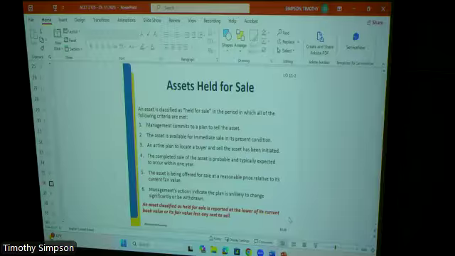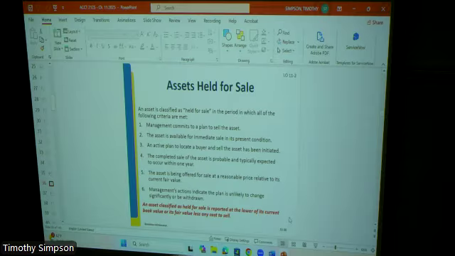So an asset classified as held for sale is reported at the lower of the current book value or the fair market value less any cost to sell. This kind of goes back to something you may have come across in previous accounting courses, called the lower of cost or net realizable value, which frankly is a current asset, more of an inventory sort of idea.